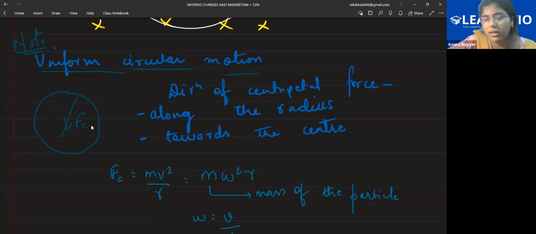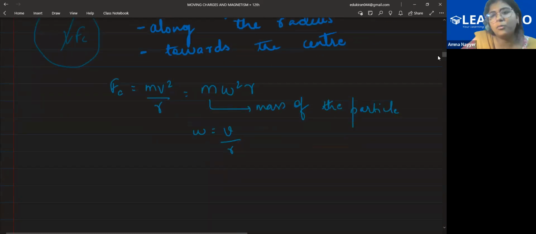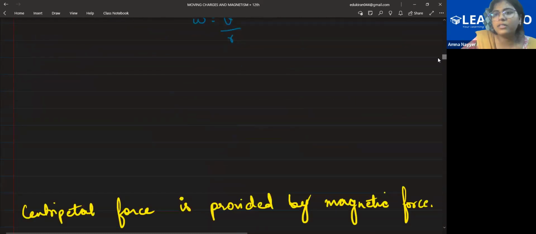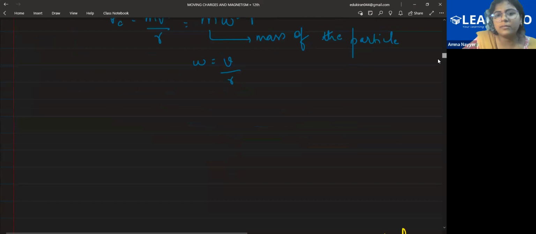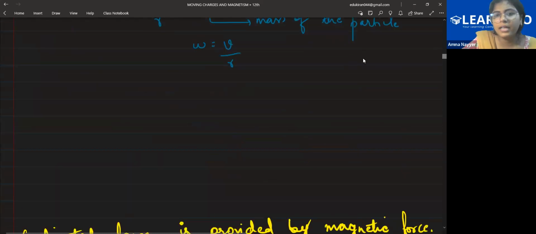These two things. Okay. Now, centripetal force is not a force by itself. Some other forces which act along the radius towards the center provide us the necessary centripetal force. So here, which force is providing? Magnetic force. Now, this is just a revision. So Fc is equal to mv square by r. This is the formula. Also m omega square r. Now see one more thing.